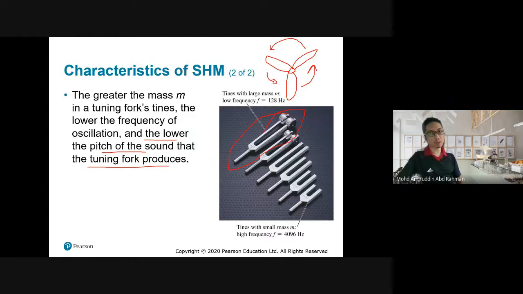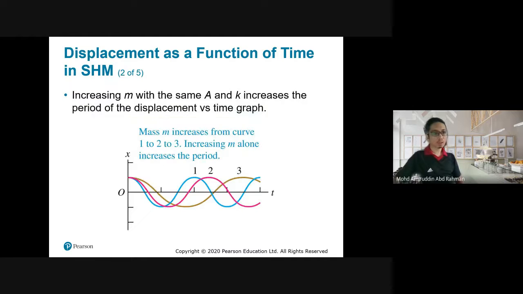What happens when we have the lower frequency? The time taken will be longer. As you remember, T equals 1 over f. So when we have lower frequency, the time taken is higher.